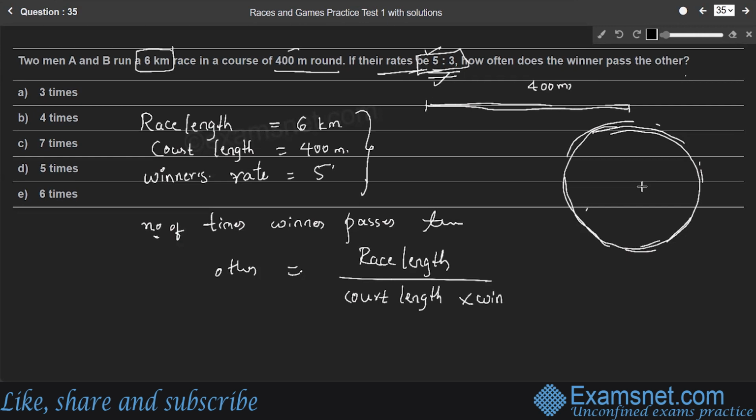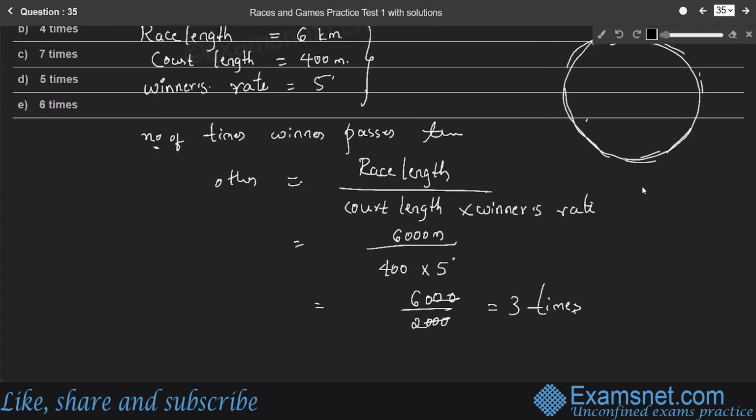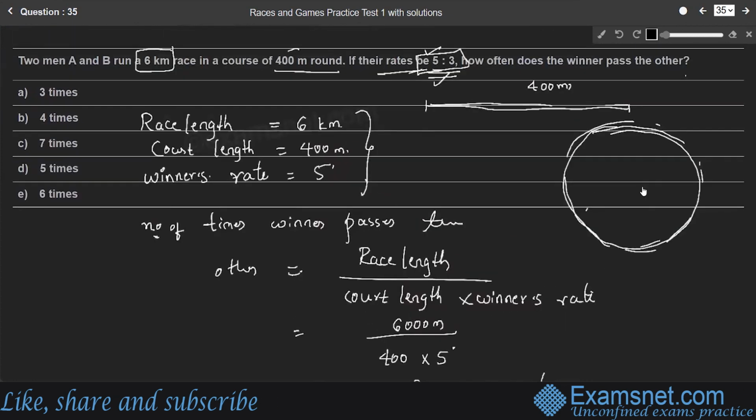So here race length is 6 kilometer, which is 6,000 meter, divided by course length, 400 meters, into winner's rate, which is 5. Simplify 6,000 by 2,000, therefore 6 by 2 is 3. So 3 times the winner passes the other. Hence, look at the options. Option A is the right answer.